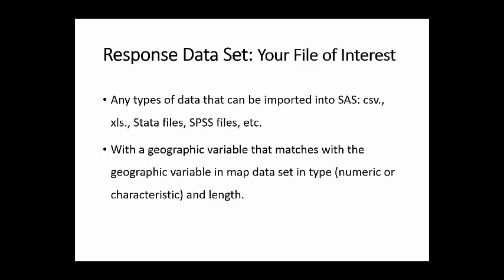It can be any type of data that can be imported into SAS: CSV, XLS, STATA files, SPSS files, etc. To create the map, there has to be a geographic variable in the response dataset that will match with the geographic variable in the map dataset in type and length. The variable can be state, zip, census tract, or any geographic level that you are interested in and matches with the shapefile.